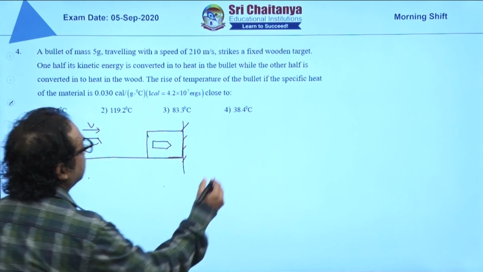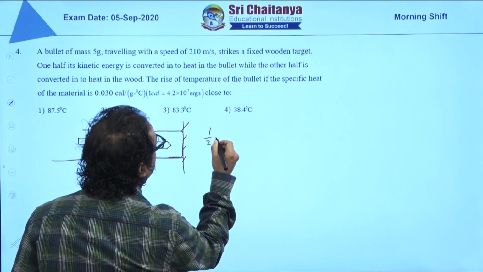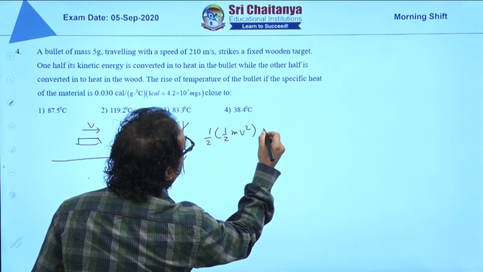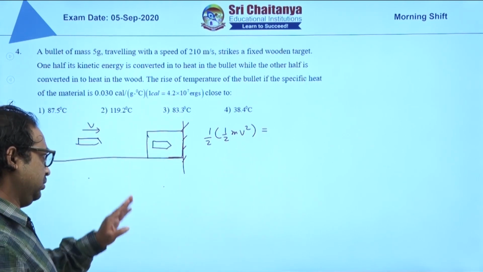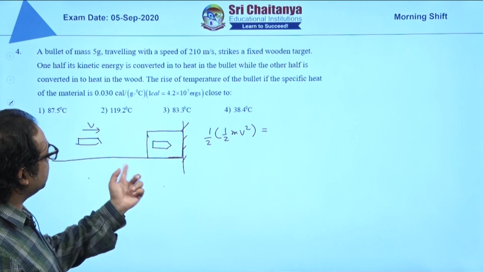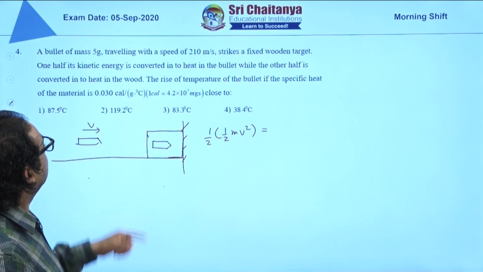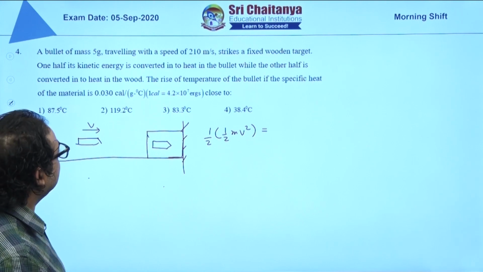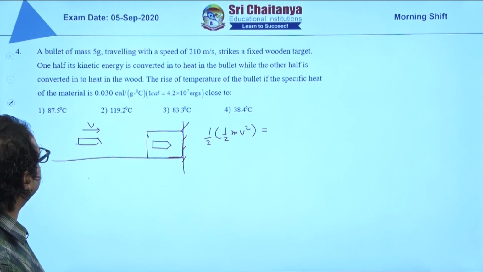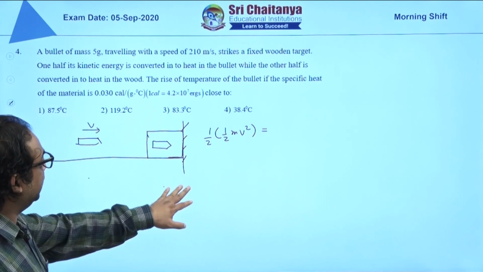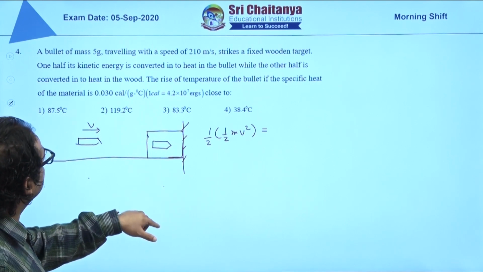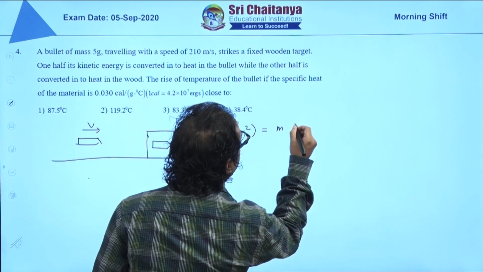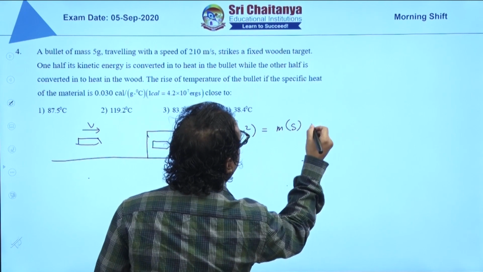So we will write half mv square is the amount of energy that is converting into heat of the bullet. The specific heat of the material of the bullet is given, and we know the formula, heat supplied is equal to mass into specific heat into rise of temperature. So we can write m into specific heat into rise of temperature.